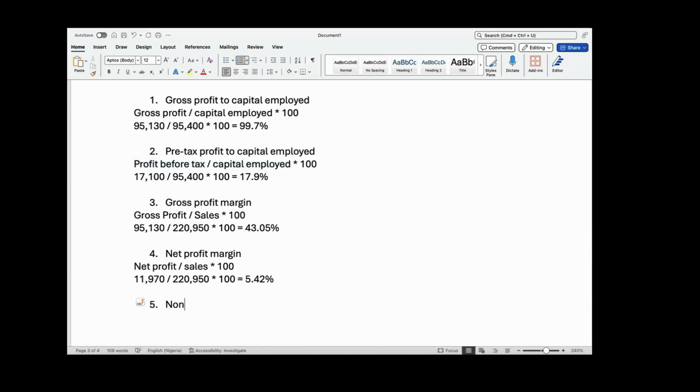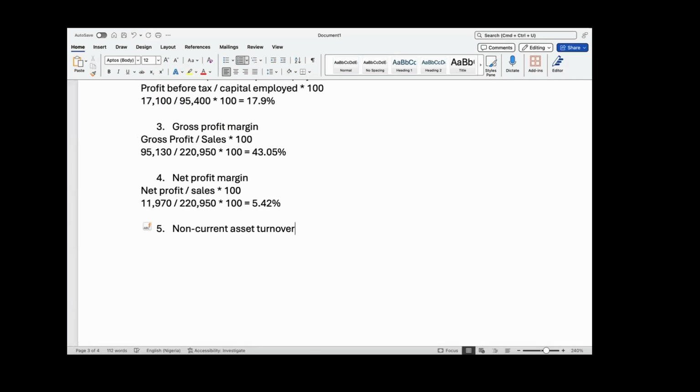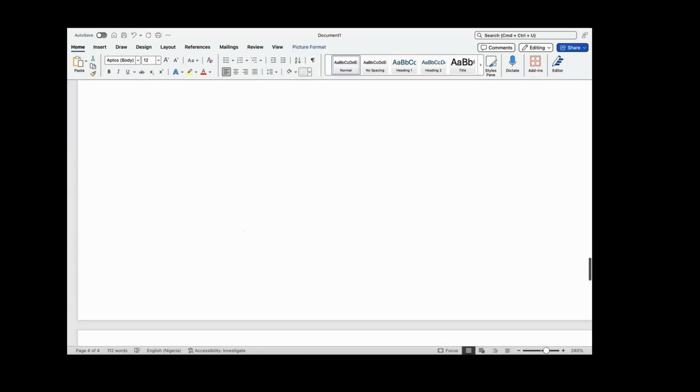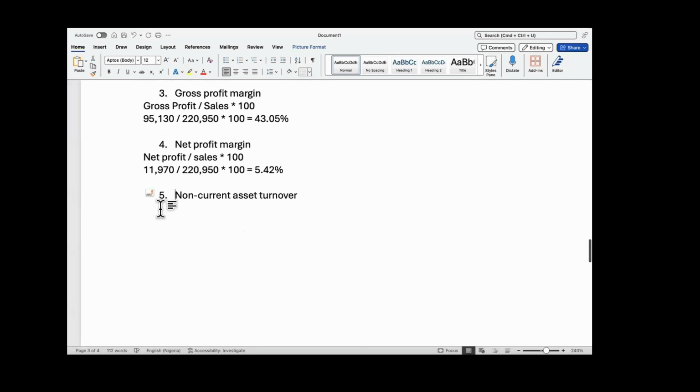Now, the fifth ratio required by the examiner was the non-current assets turnover. What do you think this formula would be? Turnover means sales. It will be non-current assets over turnover.